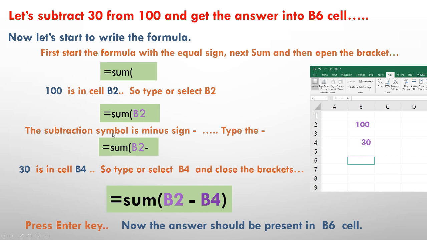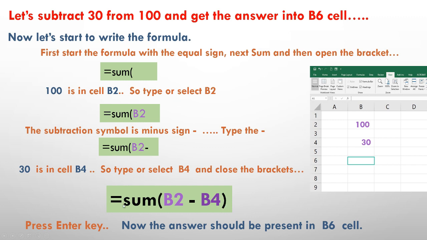Then the subtraction symbol is the minus sign, so type the minus sign. Then the next number is 30. Where is 30? 30 is in the B4 cell. You can type B4 or else you can click on the B4 cell and then you can close the bracket.